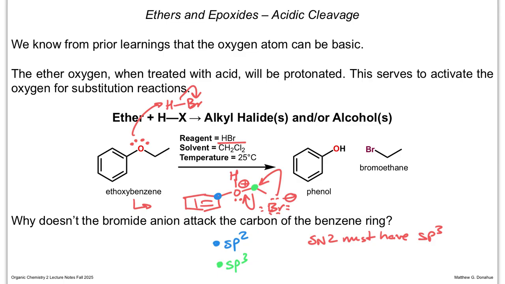So really, what is this? If you took these two together, phenol and bromoethane, that's what you would use to make the ether. This is just showing you how you could deprotect or remove that side chain.